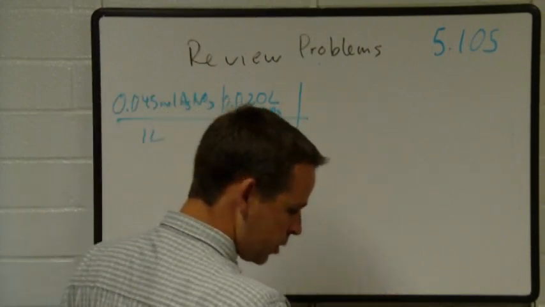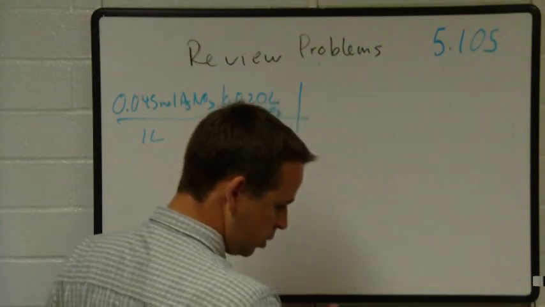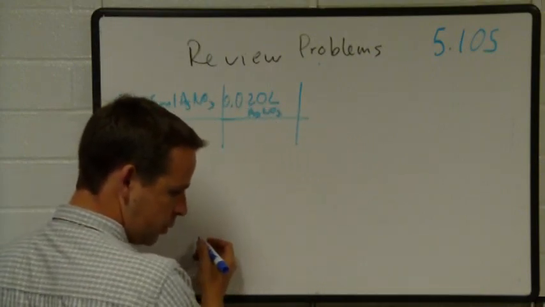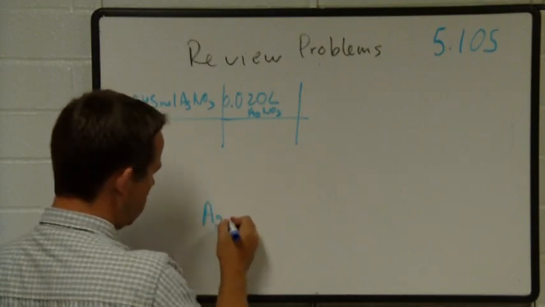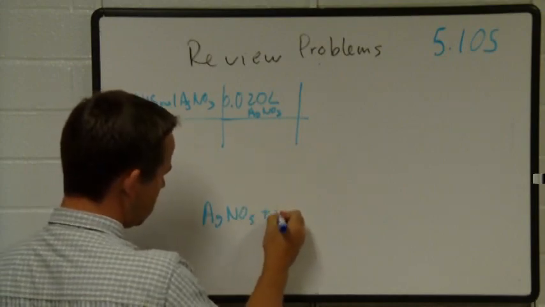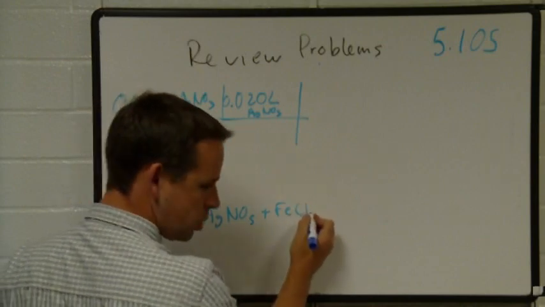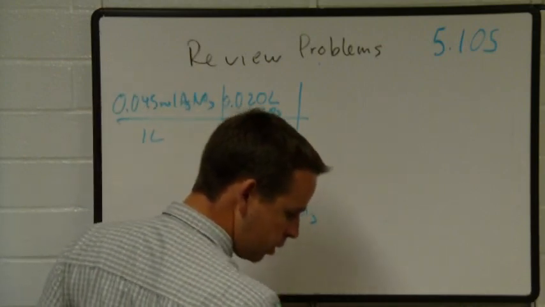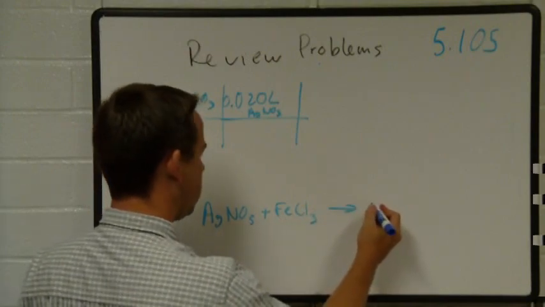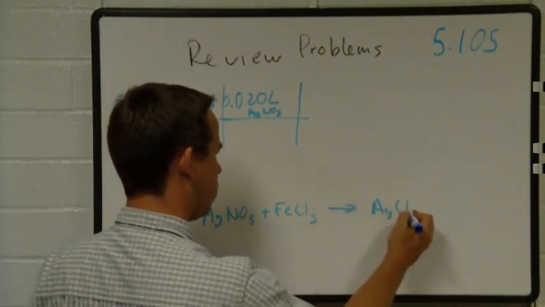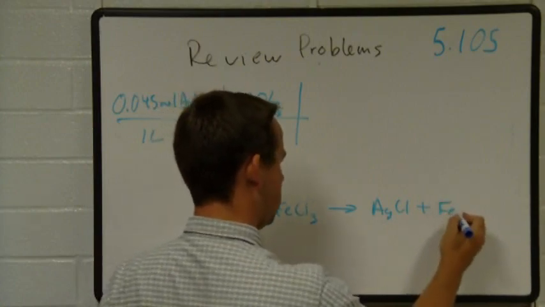So now we're in moles of silver nitrate, and we need to go to moles of iron chloride. So silver nitrate, AgNO3, plus FeCl3, iron 3 chloride, is silver chloride plus iron nitrate.